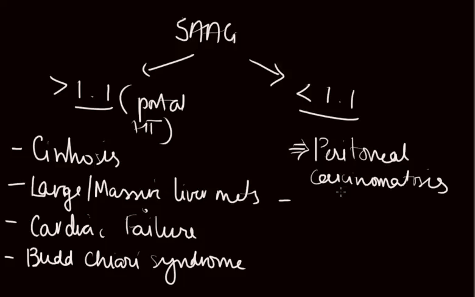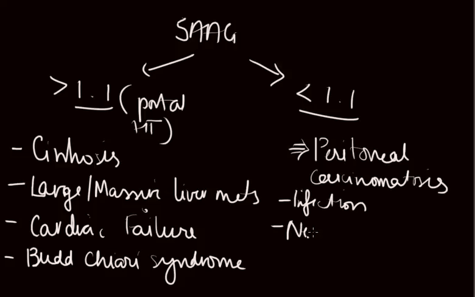You will still have ascites because the peritoneum itself can produce a lot of ascitic fluid, and you'll get a low SAAG ascites. You get infection, mainly chronic infection like tuberculosis, which can produce tuberculous ascites. There won't be any portal hypertension in such cases, and the SAAG will be less than 1.1.